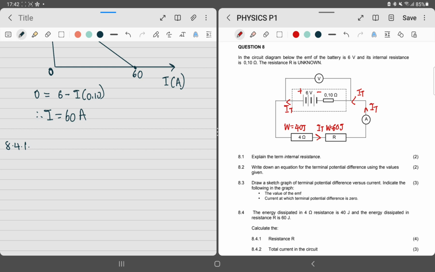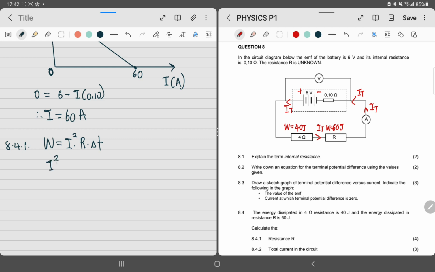W is equal to I squared multiplied by R times the time. So the thing that is common there is the current. So I'm going to make current the subject of the formula.